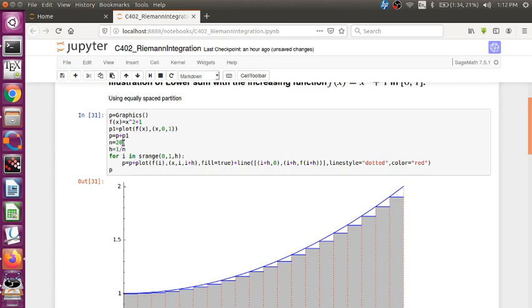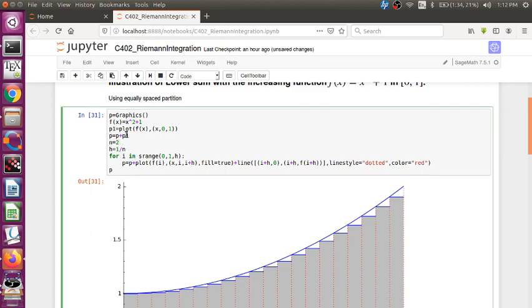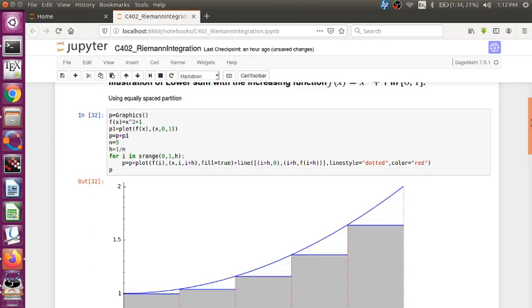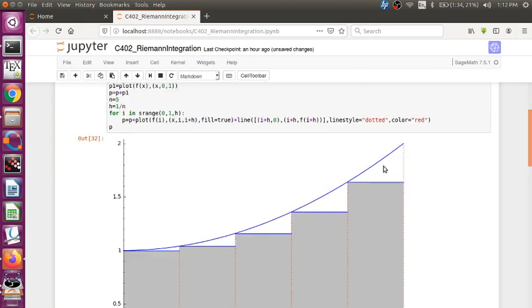If you take 2 here, or say 5 here, the area under the curve and area under the rectangles show a large difference. See, this is the difference between area under the curve and area under the rectangles. So if we increase the value of n, we get a better approximation of the area under the curve.